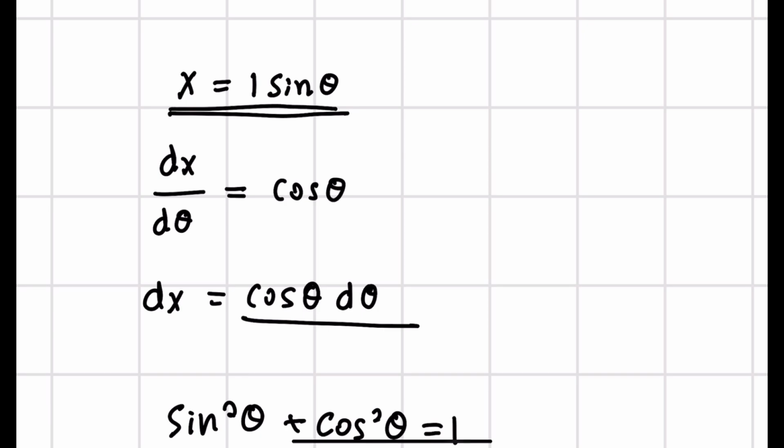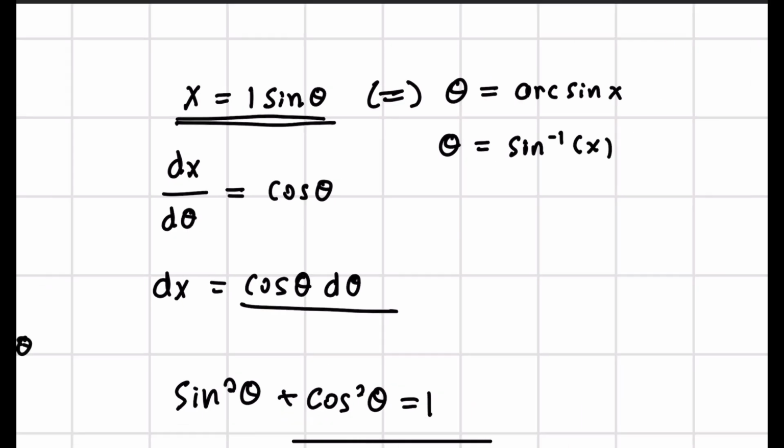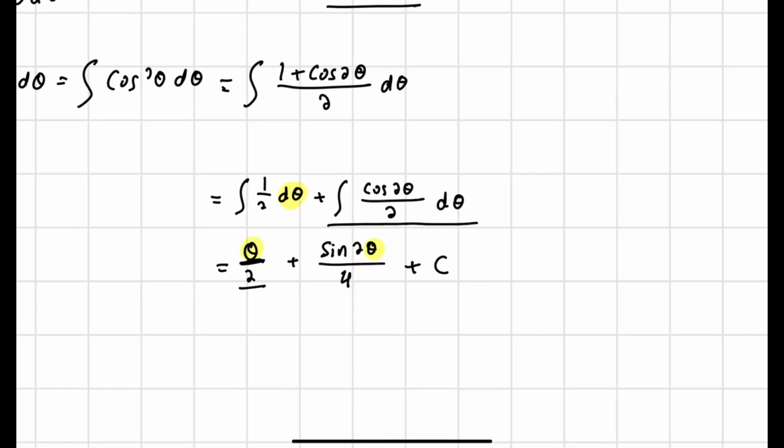This is equivalent to theta equals arc sine x, which is the same as sine inverse x. Let me rewrite that. So this could be replaced with arc sine x over 2.